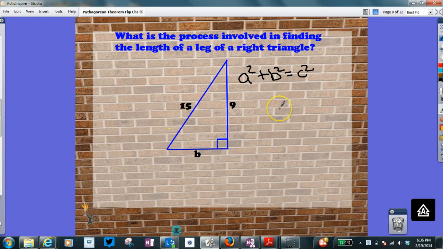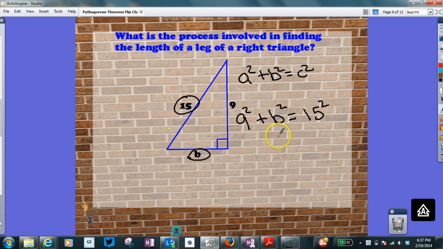Alright, by now you should have an answer down. Let's look at what we're actually going to do. Again, I know these are my legs. It says B here, so I can say that 9 would be my A. So I know 9 squared plus, I don't know B, there's my variable, b squared equals my hypotenuse, because that's my c, 15 squared.